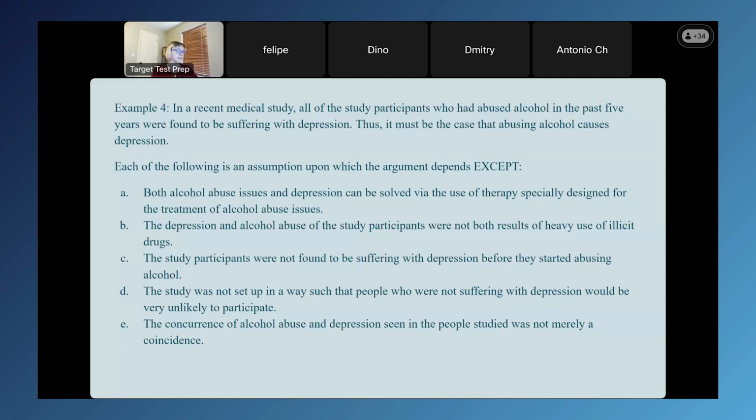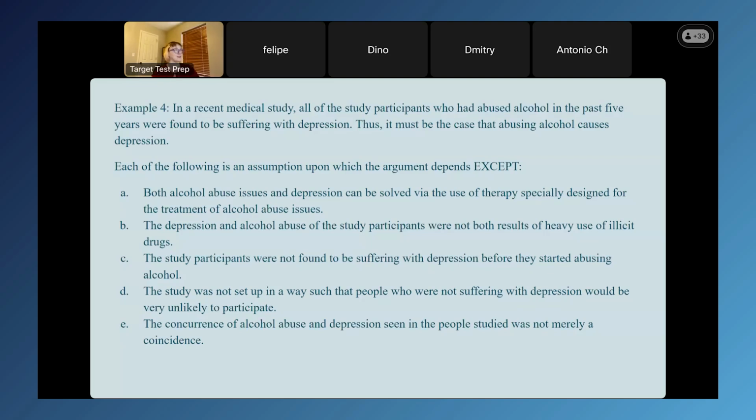D, the study was not set up in a way such that people who were not suffering with depression would be very unlikely to participate. So with D, if they're looking for people who had abused alcohol in the past 5 years, and they only advertised for the study in a place where depressed people hang out, like an alcohol and depression support group, then that would skew the data, because they're saying all of the study participants who had abused alcohol in the past 5 years were found to be suffering with depression.